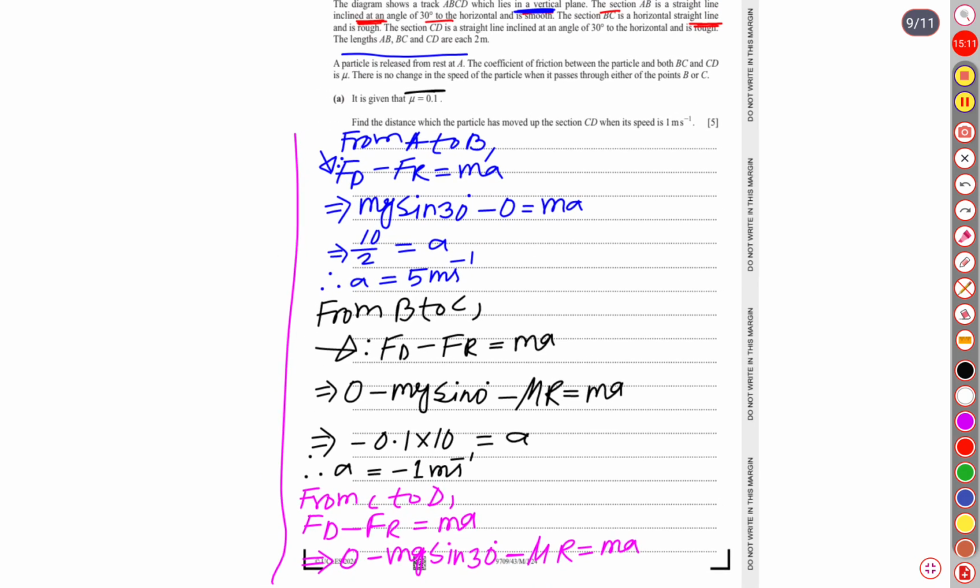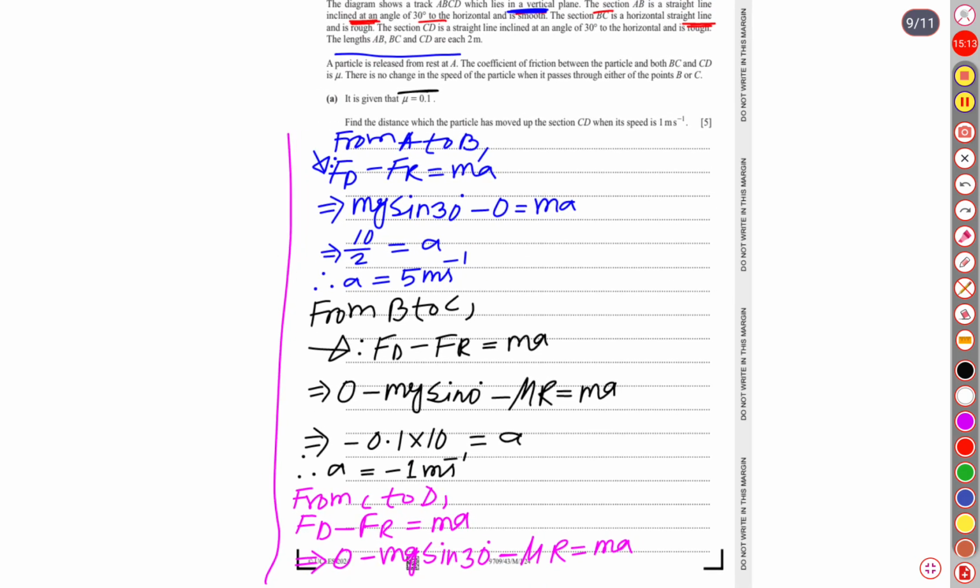It is 0 minus, okay, 0 minus what? Just let me try to write with small font. Okay, 0 minus 0 is not necessary to be written.